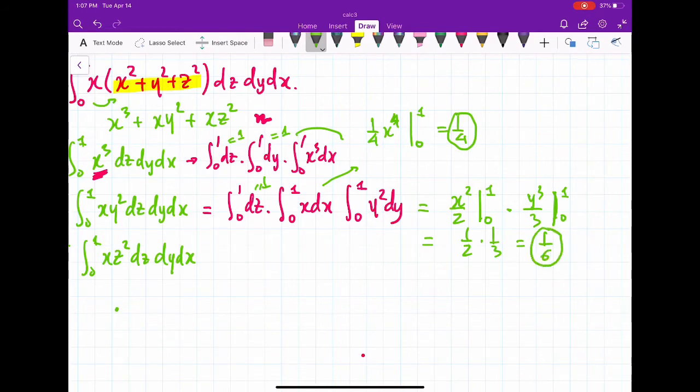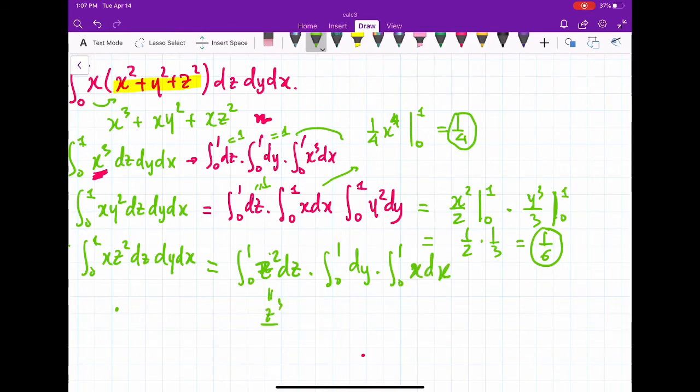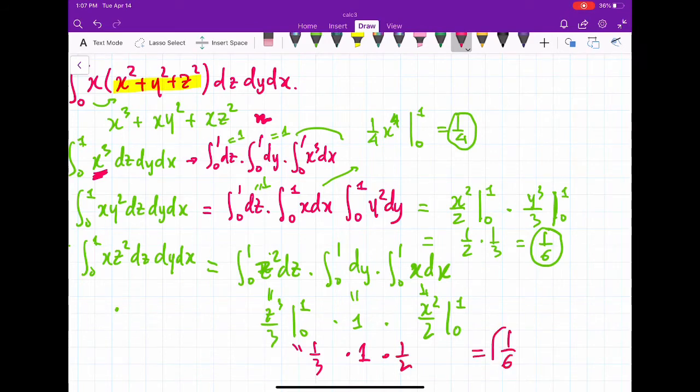Similarly, we have this equal to integral 0 to 1 z squared dz times 0 to 1 dy times 0 to 1 x dx. And this is z cubed over 3 evaluated from 0 to 1. This is just 1. This is x squared over 2 evaluated from 0 to 1. So you have 1/3 times 1 times 1/2, which is also 1/6.